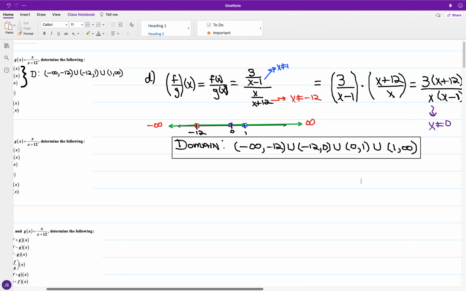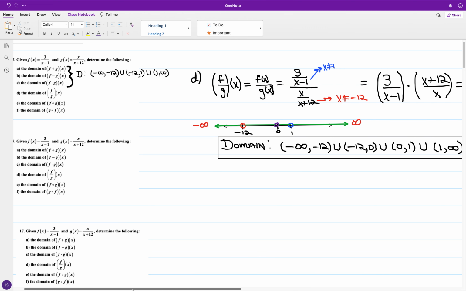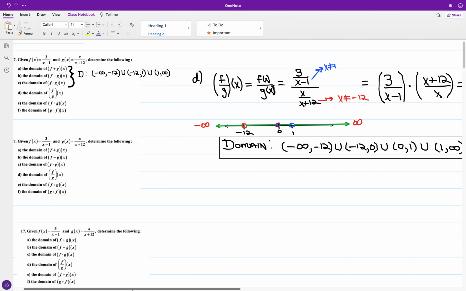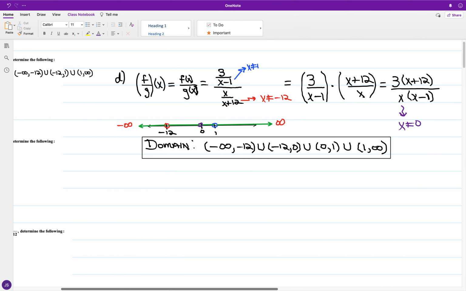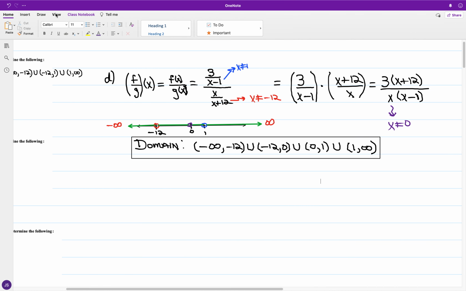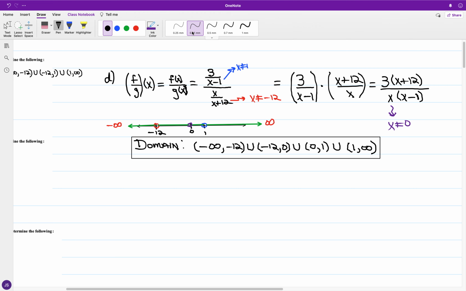Now, in the case of parts E and F, we're looking for the domain of the compositions, where in part E we have f composed with g of x. In compact functional notation, we have f of g of x.